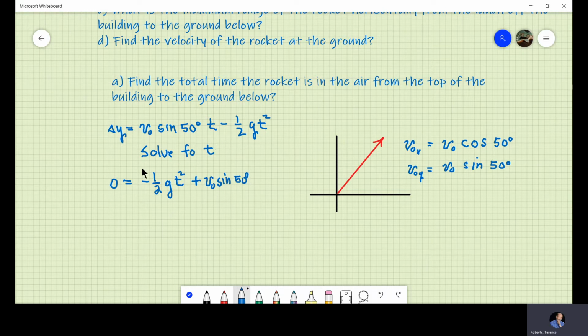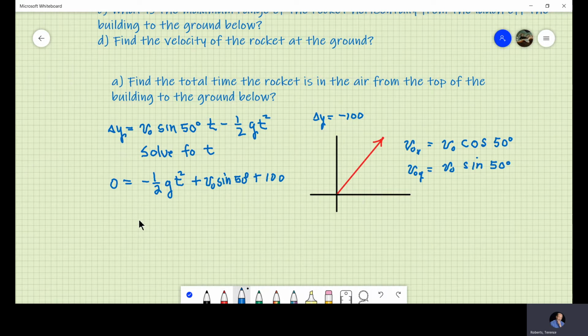And then the y is equal to negative 100, but since we're going to put it on the other side of the equal sign, it's going to become plus 100. So now we have our a, b, and c for the quadratic equation.